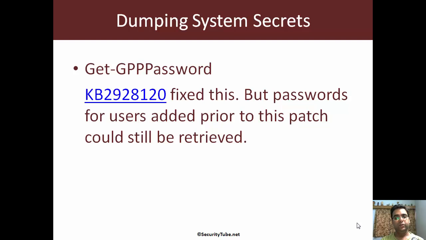It was just that the users which were created with the help of group policy, passwords of those users could be decrypted because they were encrypted using a known key, and the encrypted passwords could be pulled from Groups.xml and various similar files from a domain controller without elevated privileges.